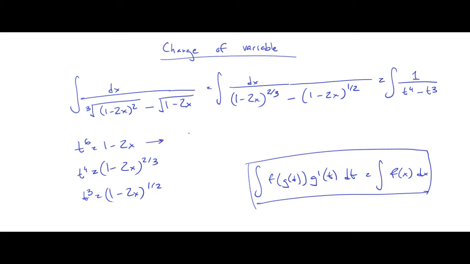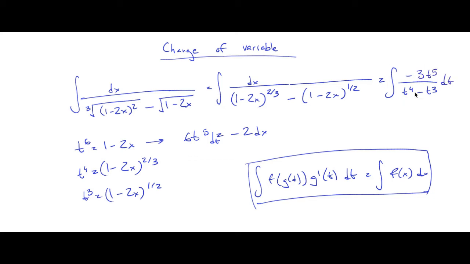So here, 6t^5 dt equals minus 2 dx, right? And so dx is minus 3 t^5 dt.